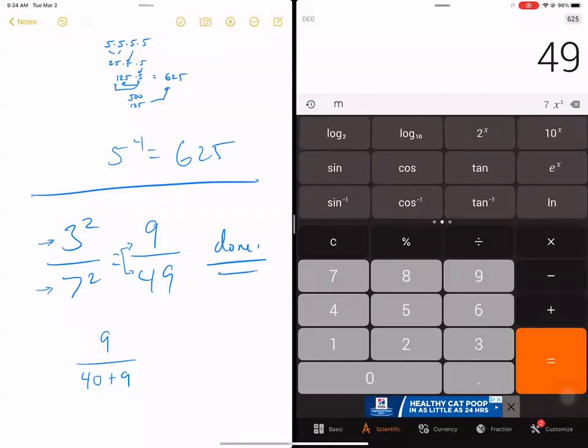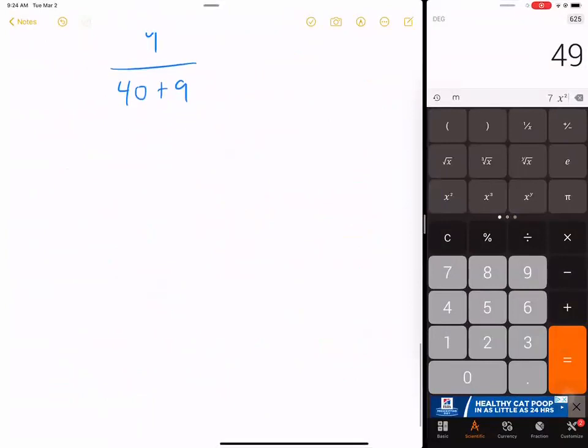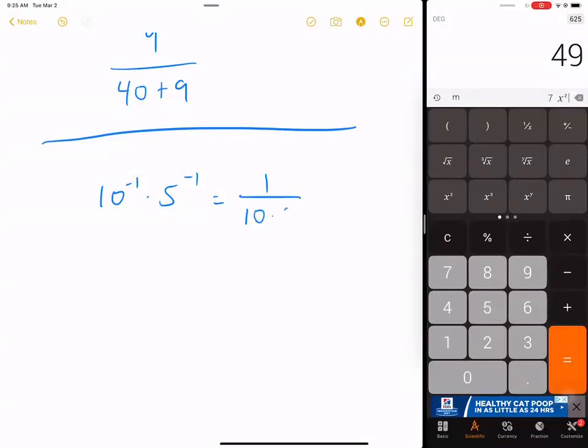Let's look at another problem. So this problem looks like 10 to the negative 1 times 5 to the negative 1. And when I first look at this problem, I'm thinking, oh, hey, look, there's going to be fractions in the problem. And maybe the 5 and the 10 cancel out. But let's rewrite this. Where does the 10 really go and where does the 5 really go? Are they on top or on bottom? If I make them into positive exponents, the 10 is on the bottom and the 5 is also on the bottom.